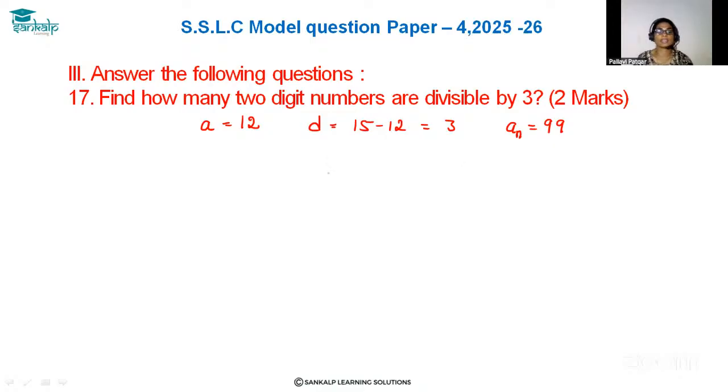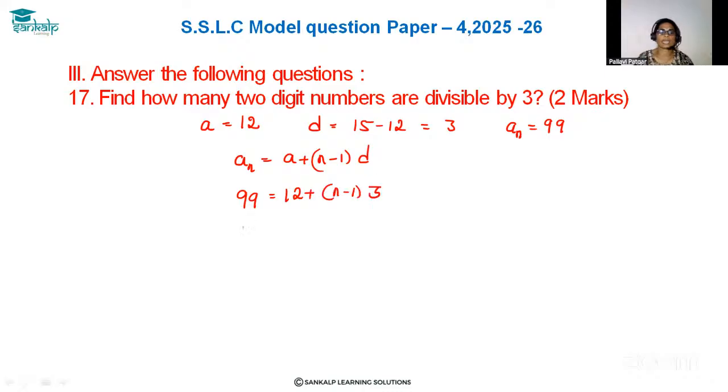So nth term of an AP formula is AN is equal to A plus n minus 1 into D. So AN is the last term 99 is equal to 12 plus n minus 1 into D is 3.